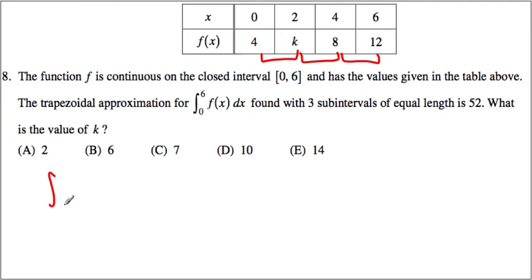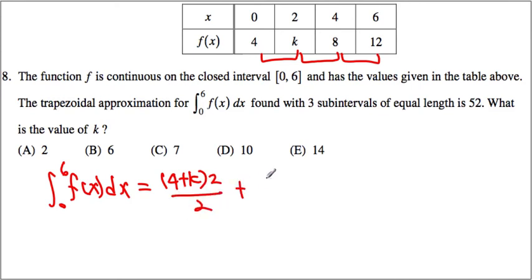So here, the area, the integral from 0 to 6 of f of x dx, can now be approximated by the first trapezoid, which will be 4 plus k times the height, which is the difference, which is 2, divided by 2, plus the second, k plus 8 times the height, which will still be 2, divided by 2.